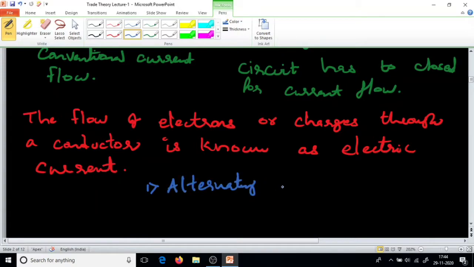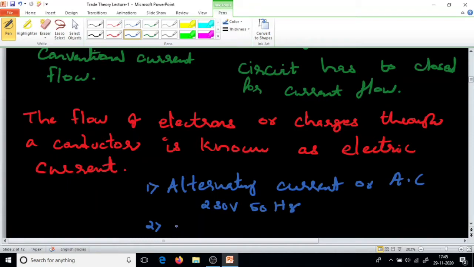What is the home supply? That is 230 volt, 50 hertz. 50 hertz is the alternating current frequency that we use in India. Just for information. Later on, we will come across these AC and DC terms.